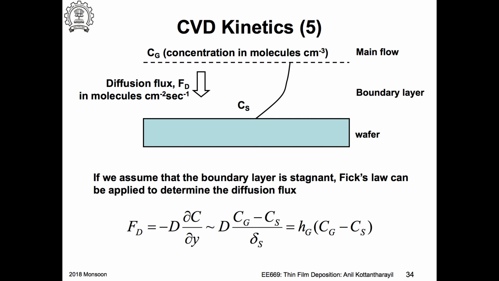So you have a concentration gradient, and that is driving your diffusion process, and you can write down the diffusion flux using Fick's first law of diffusion. The concentration gradient is approximately equal to the difference in the concentrations divided by the thickness of the boundary layer, okay. You have the diffusion coefficient here, and D by delta S is written as Hg. Hg is the mass transport coefficient, okay.